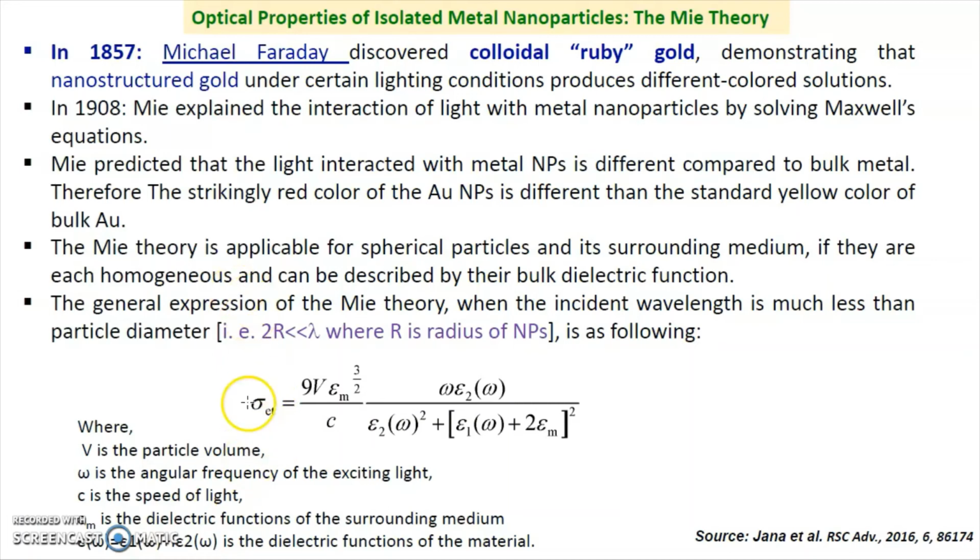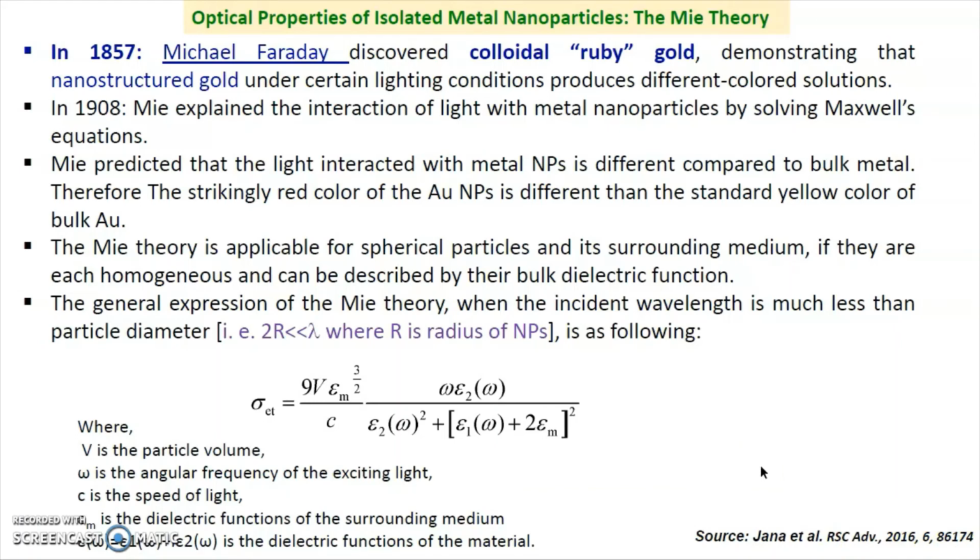On the y-axis you can put the extinction coefficient, on the x-axis you can put omega, and for each omega you can calculate the value of sigma extinction. For more information, you can visit this paper by Jana et al., published in RSC Advances in the year 2016, volume 6, page number 86174.